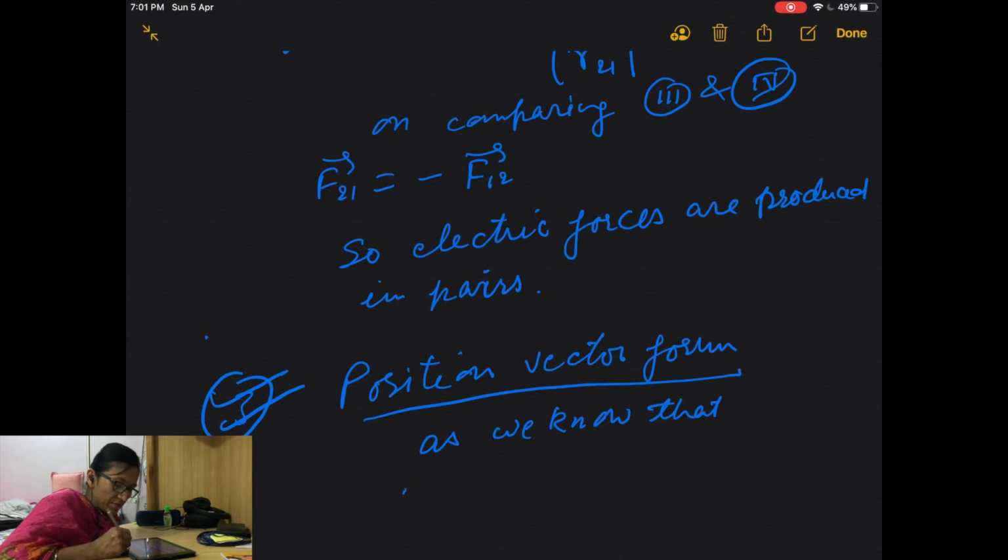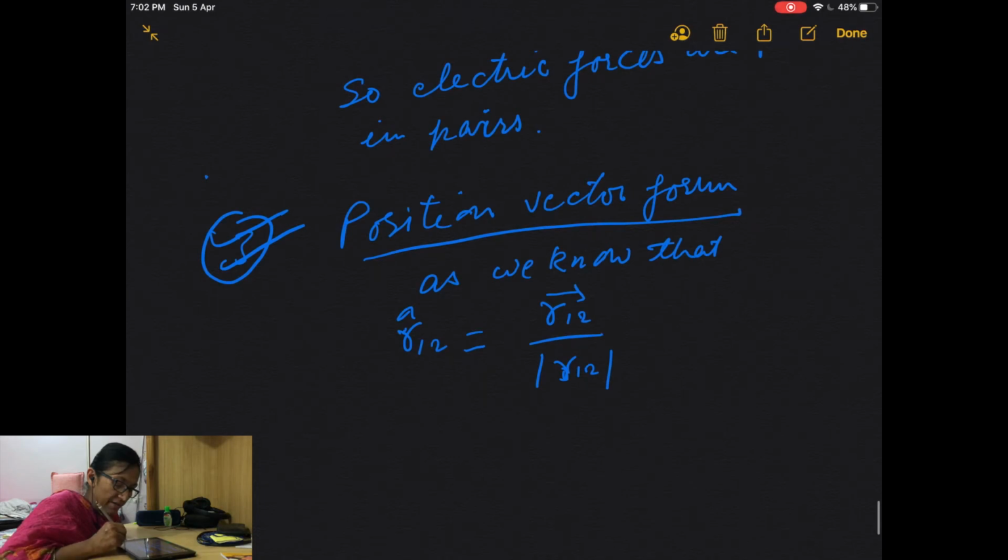As we know, R12 unit vector is equal to position vector divided by modulus of position vector, the magnitude of the position vector. This gives the unit vector.